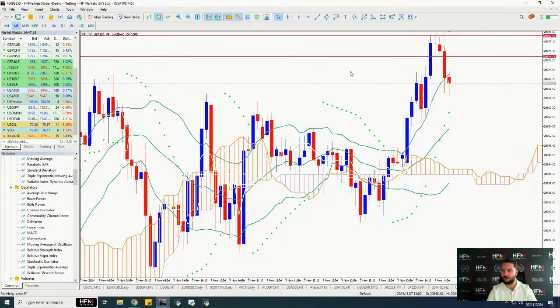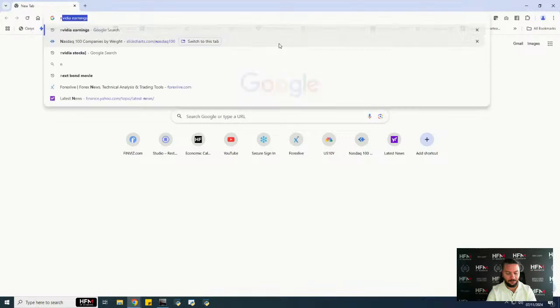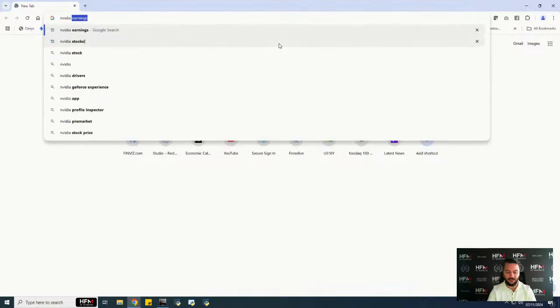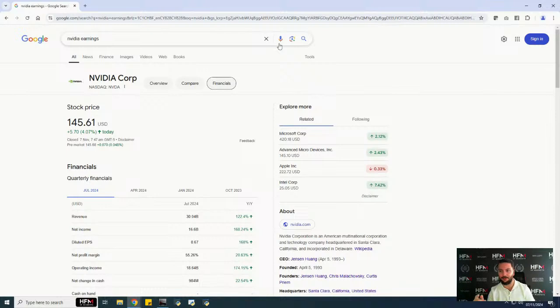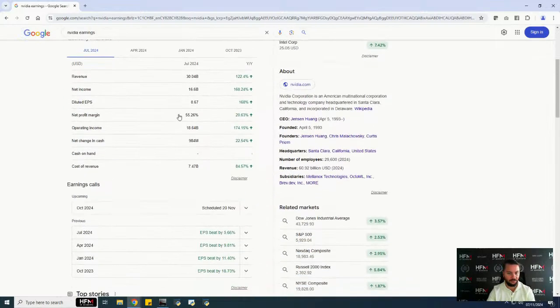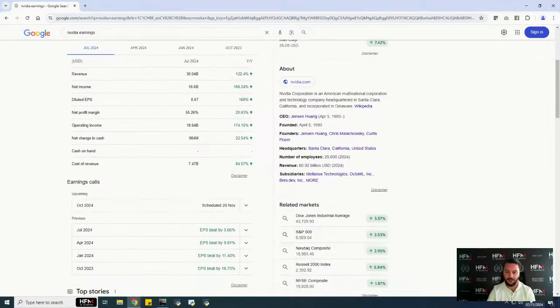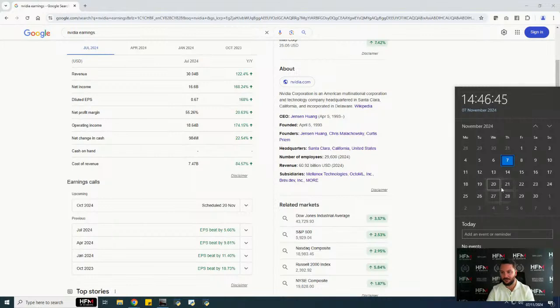If Nvidia stocks and Nvidia as a company and their earnings beat expectations. Now, the Dow Jones will replace Intel with Nvidia on the 8th after market close. So tomorrow after market close, they will replace it. And their earnings, ladies and gentlemen, if I'm not mistaken, there we go. It's on the 20th. So the 20th, ladies and gentlemen, is less than 2 weeks away.